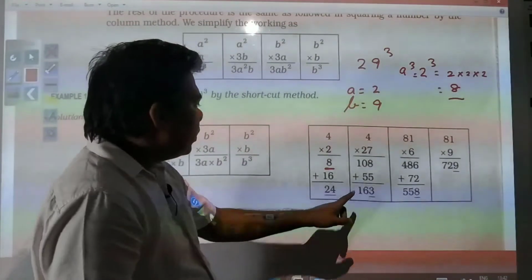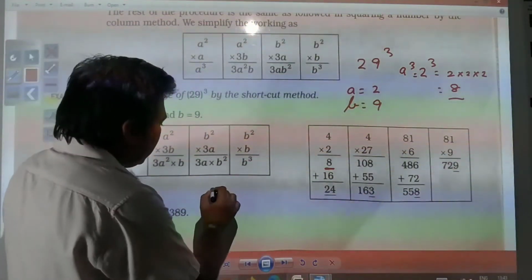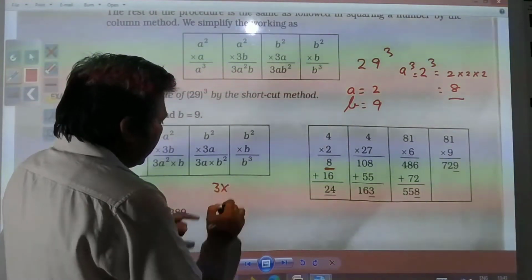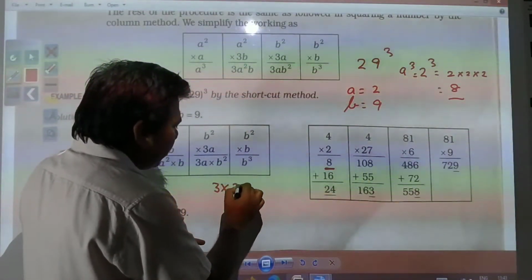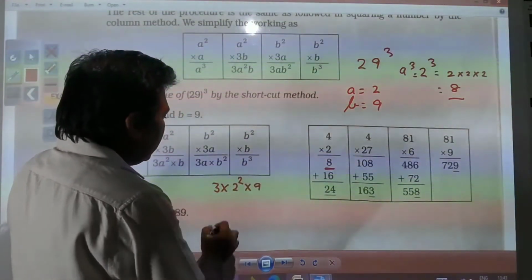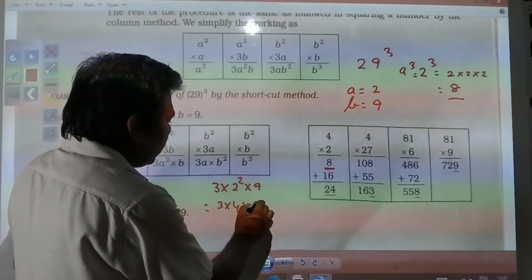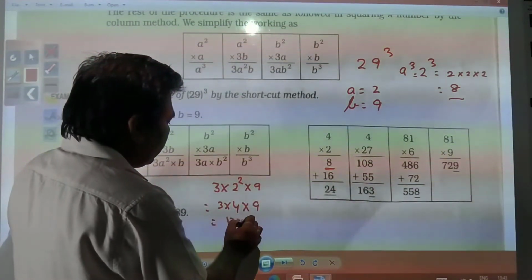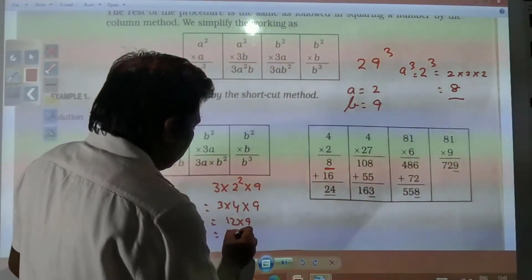Next you have 3a square b. It means 3 into a square into b. A square means 2 square, and b means 9. It means 3 into 4 into 9, which is 12 into 9, and that is 108.